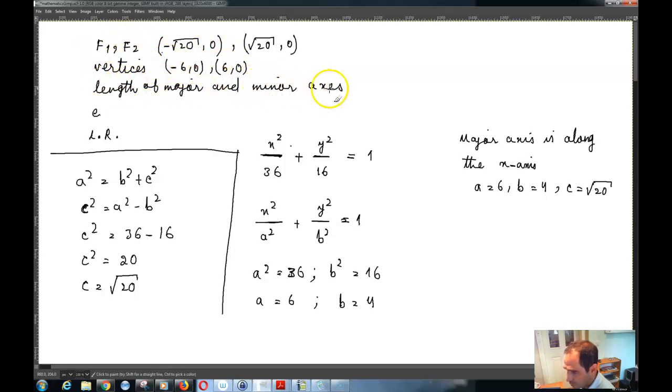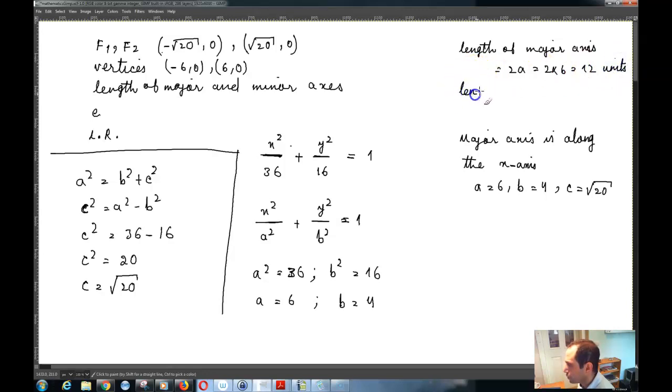And the length of the major and minor axes: the length of the major axis, along the x-axis where a is equal to 6, is equal to 2a, which is equal to 2 times 6, which is equal to 12 units.